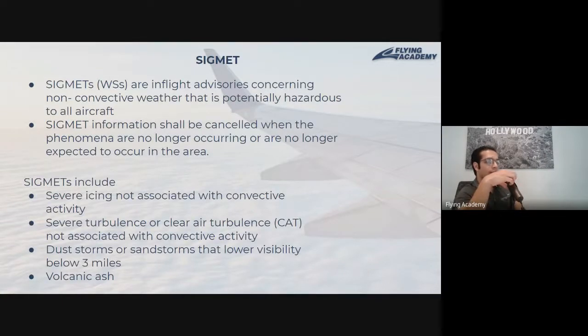SIGMETs are more severe than AIRMETs. Again, they are hazardous to all aircraft, airplanes, helicopters, everything. As I said, they're more severe than AIRMETs, but they're associated with non-convective conditions. So anything other than an actual thunderstorm because of convection would be SIGMET. A SIGMET will include severe icing, but not associated with convective activity.